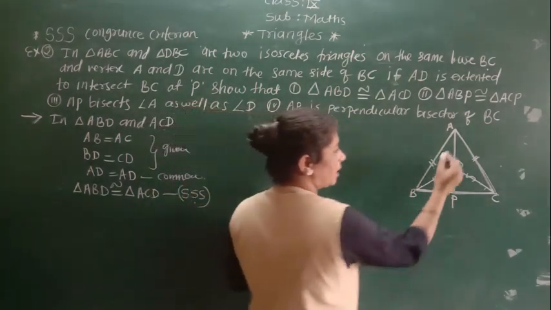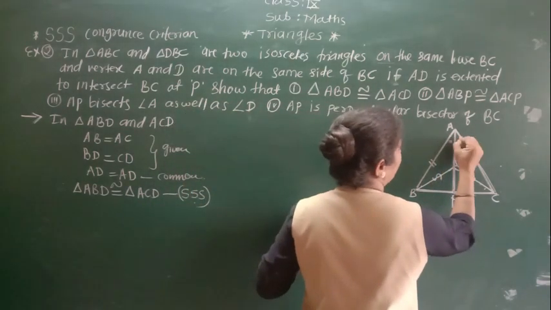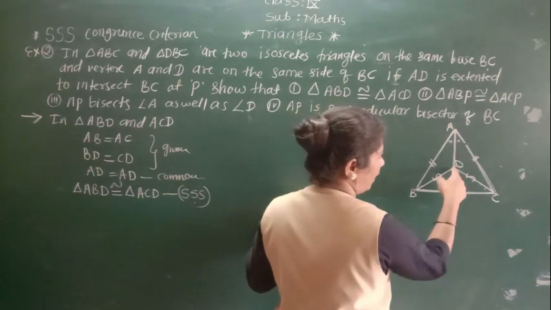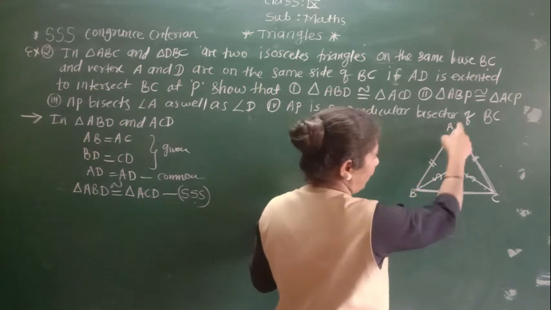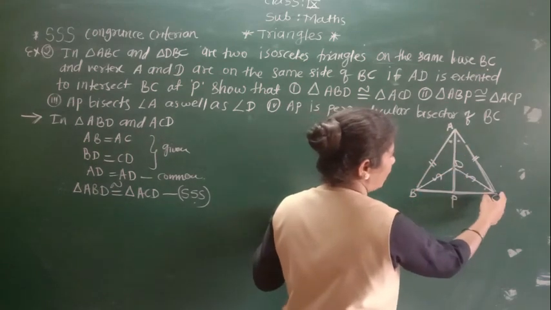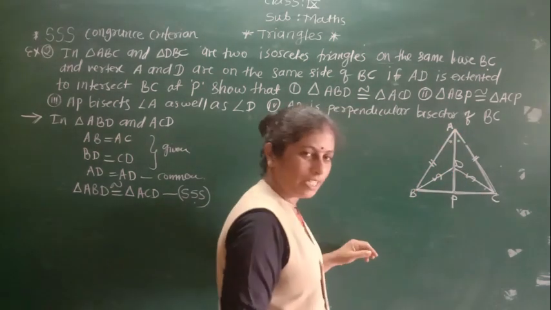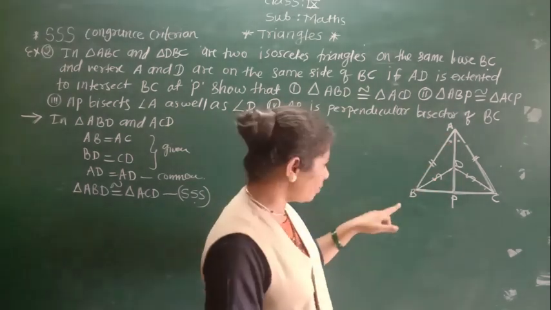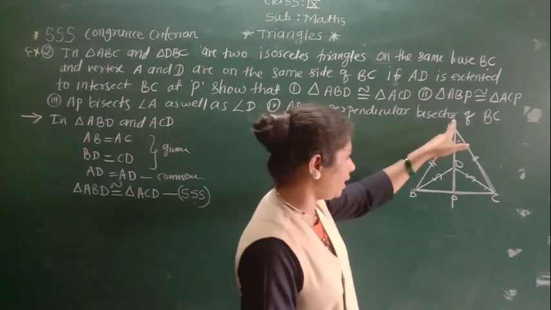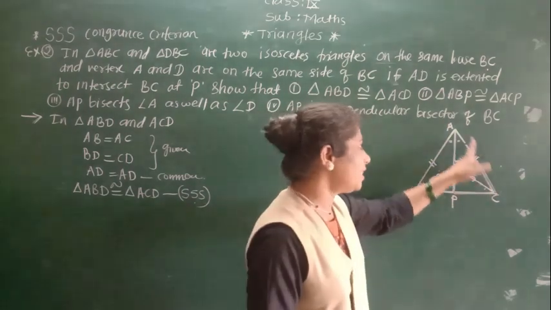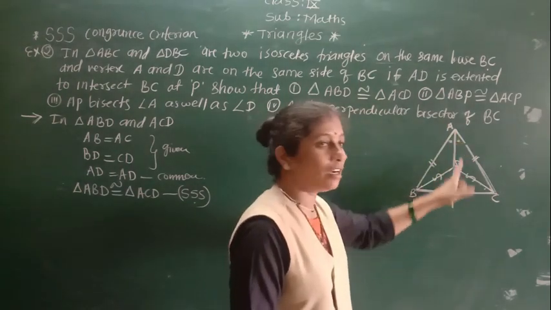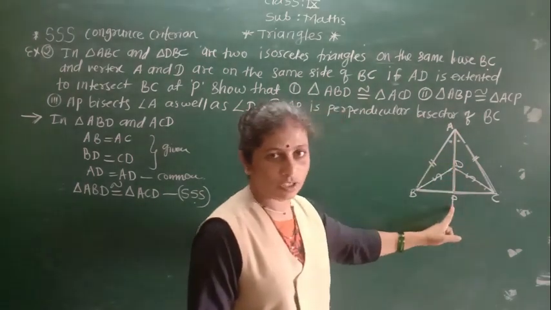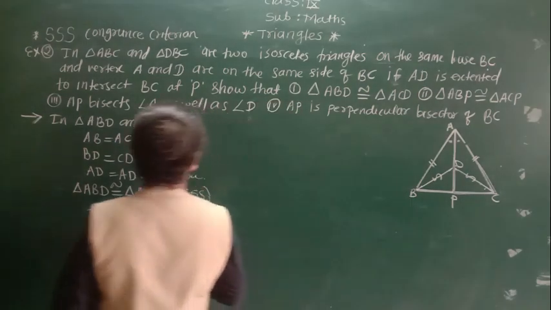So by congruence, this angle and this angle will be the same. Which angle? Angle BAD and angle CAD. Another way we can name these angles is angle BAP and angle CAP, because P is the point on the extended part of AD.